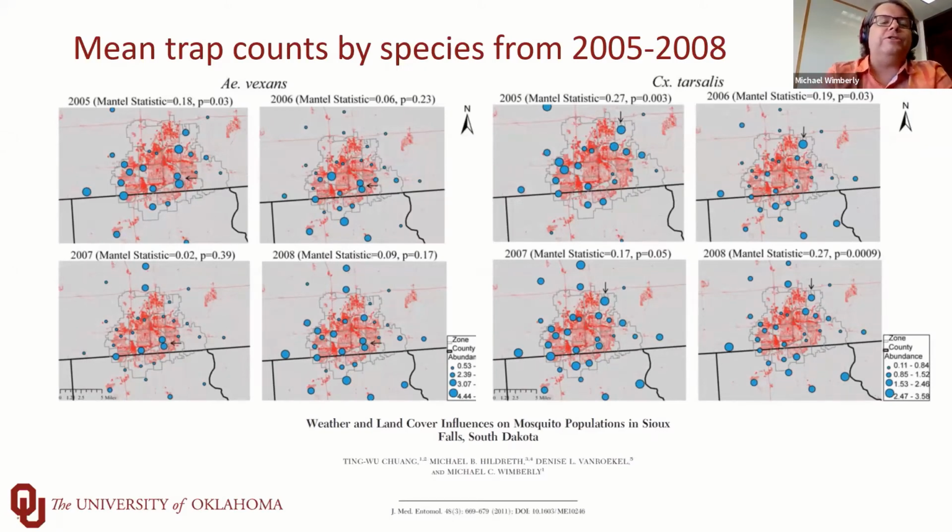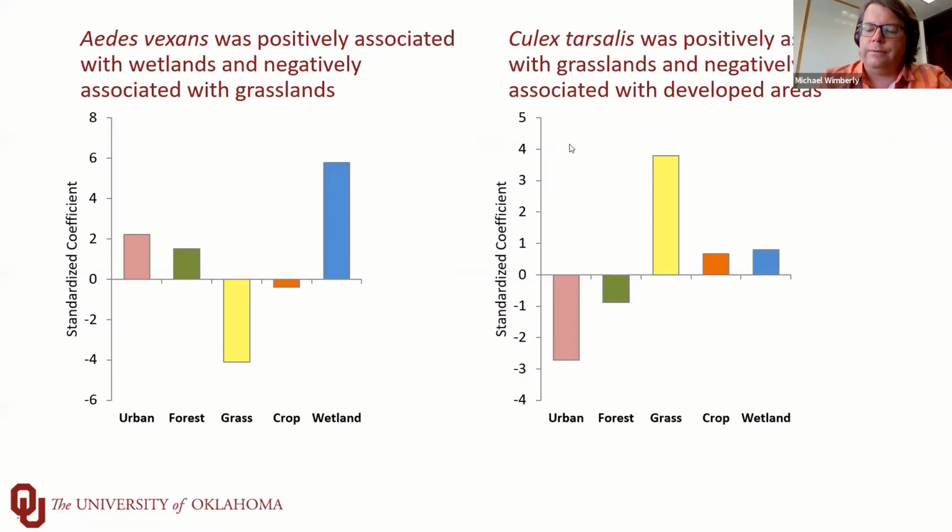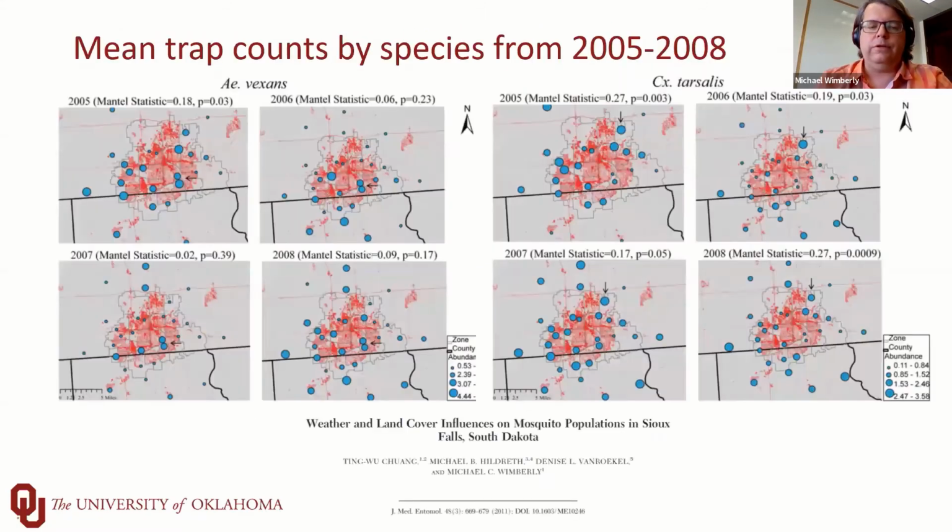These are mosquito surveillance data collected over 4 years, summarized in terms of the mean count of mosquitoes per trap night.